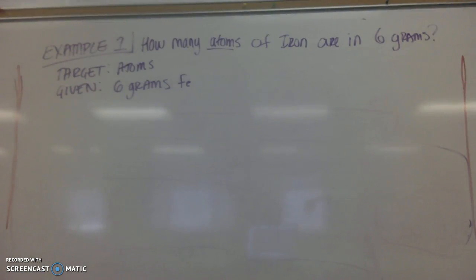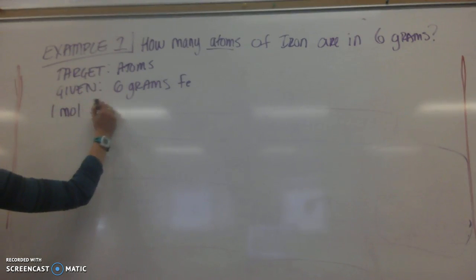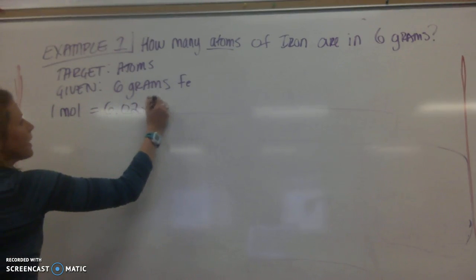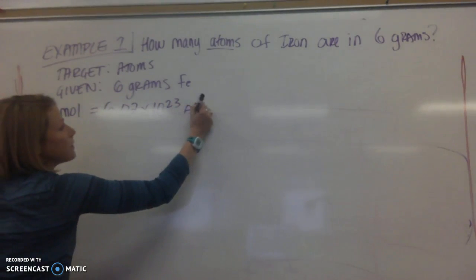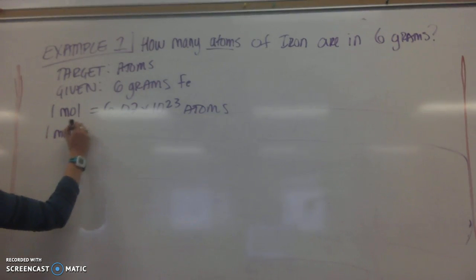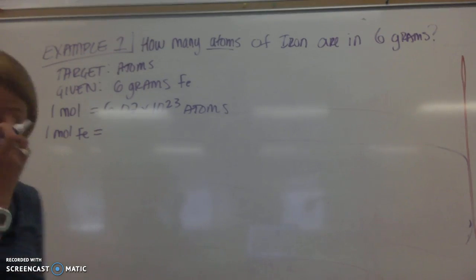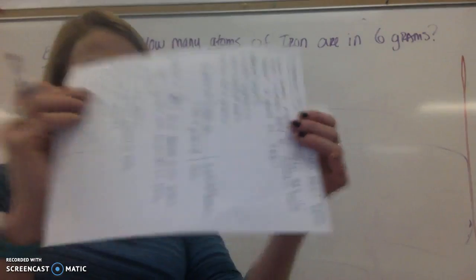First, that 1 mole of anything is equal to 6.02 times 10 to the 23rd atoms. And then we also know that 1 mole of iron is equal to the molar mass of iron. To get the molar mass of iron, I'm going to look at my periodic table.